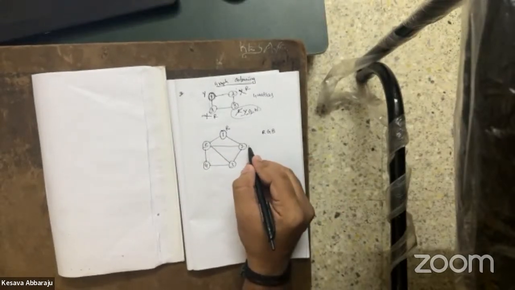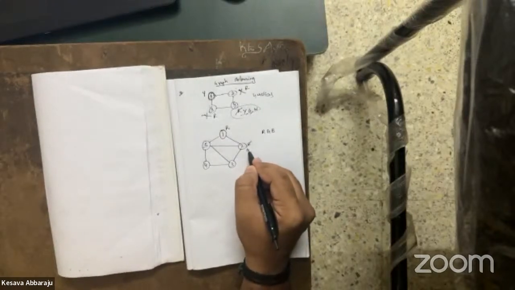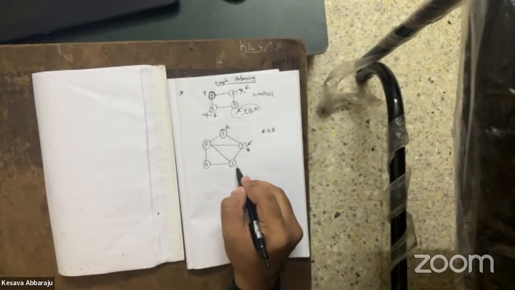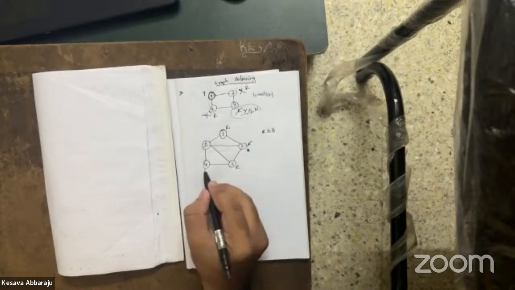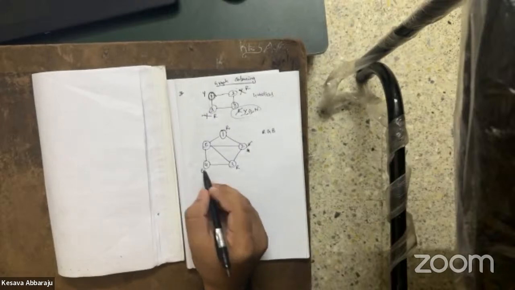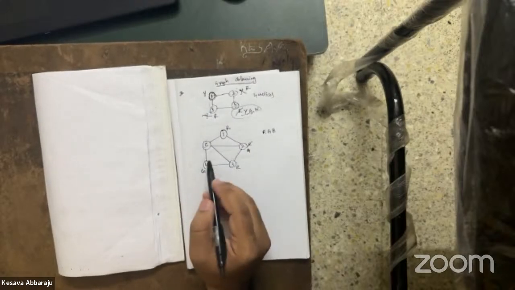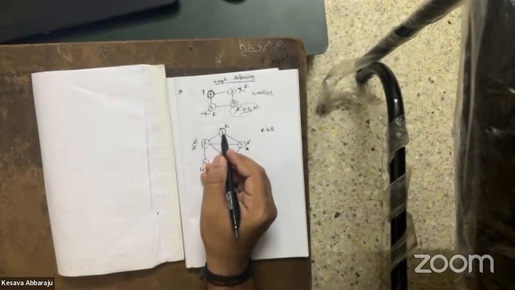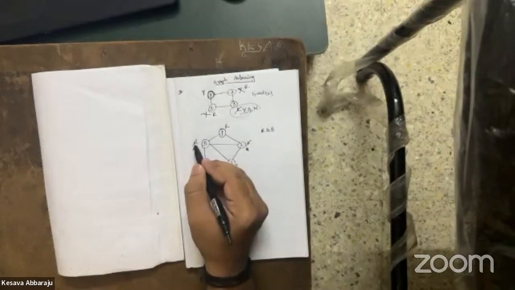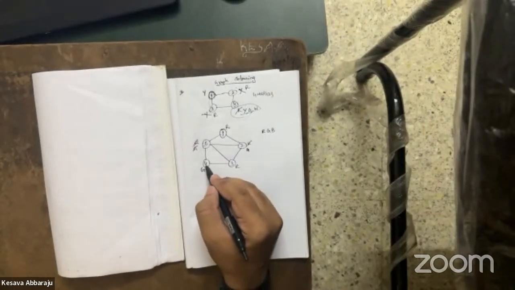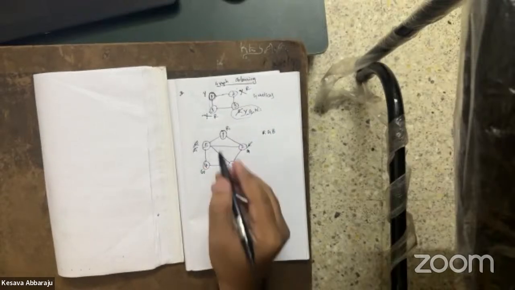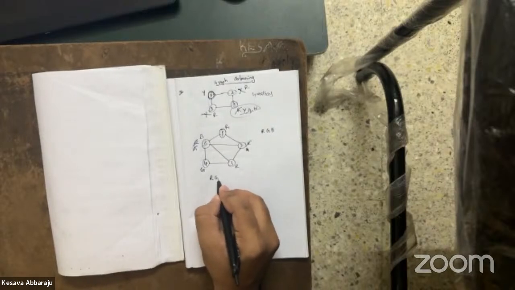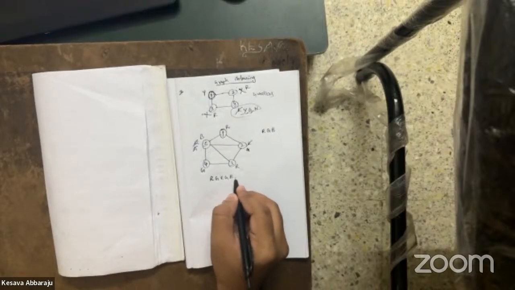This is red, so the next cannot be red. I'm selecting green here. Then this can be red. This can be green. This cannot be red because it is adjacent to the first node, which is red, and it also cannot be green because it is adjacent to the fourth node, which is green. It should be blue. So one solution is RGB.